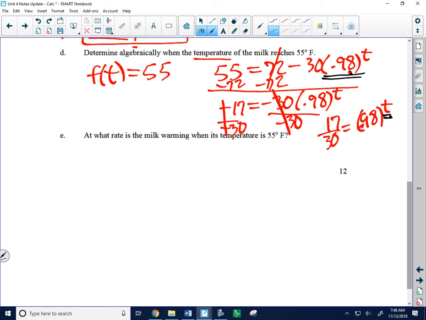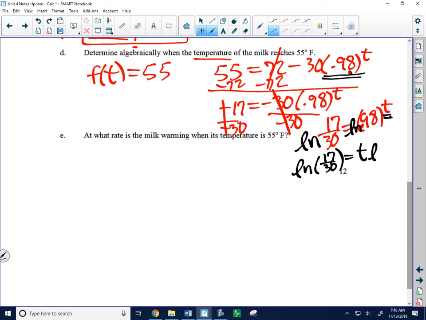Yes, you throw a log at both sides. I choose natural log, but you can choose whatever base you want. Throw a log at both sides, and that will bring the t down. I'm just going to rewrite the left side, natural log of 17 over 30. Then the t comes down. This is the property of logs.